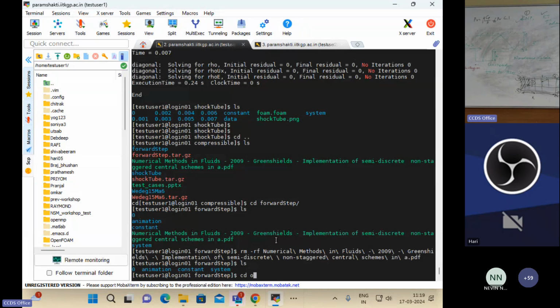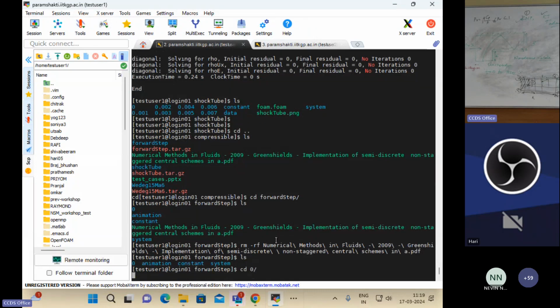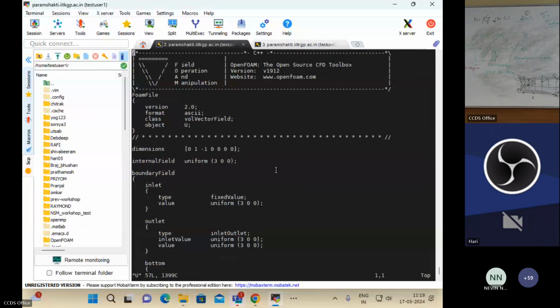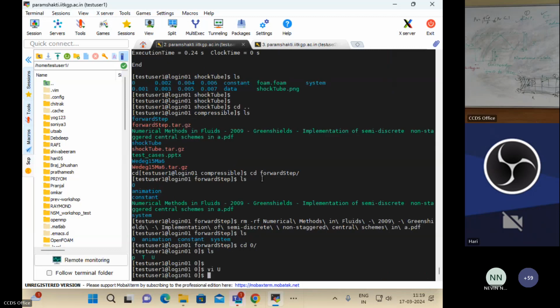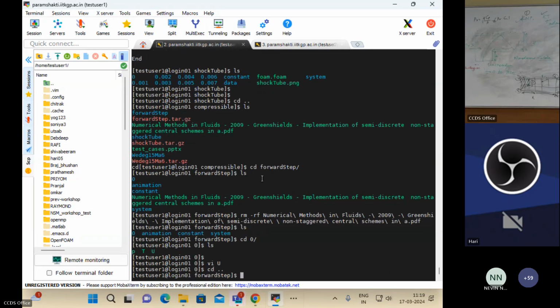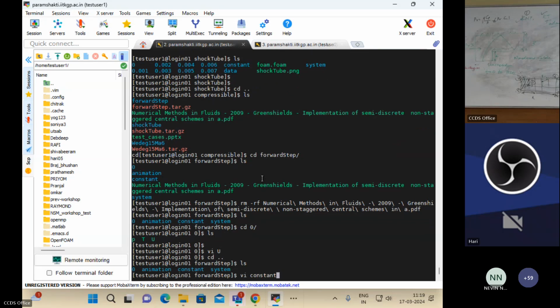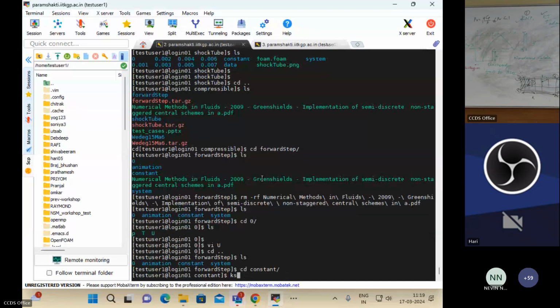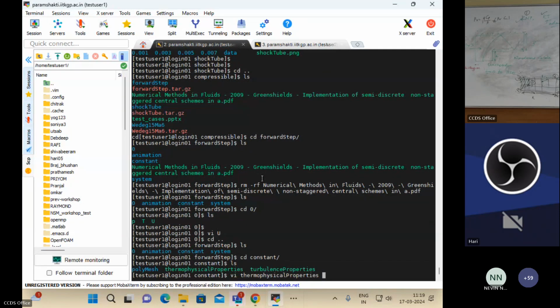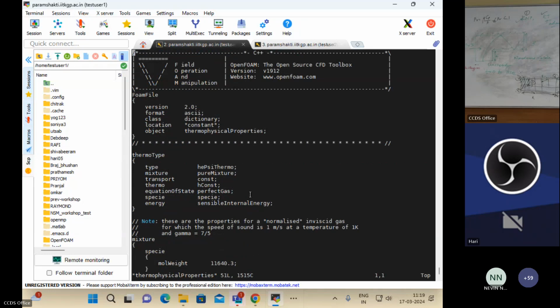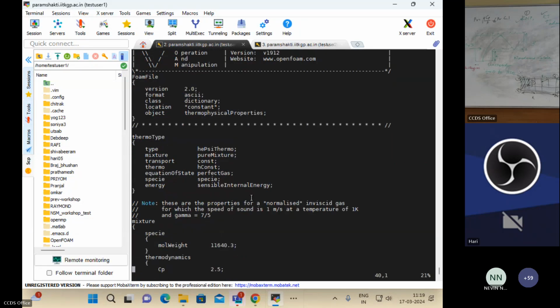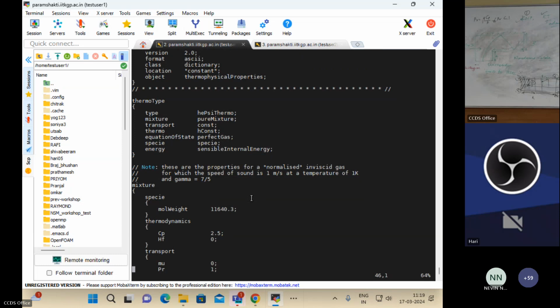So the typical entries inside the 0 folder: since we are solving, what we have done is we have typically non-dimensionalized the system. So it says that gamma of the gas is 7.5.